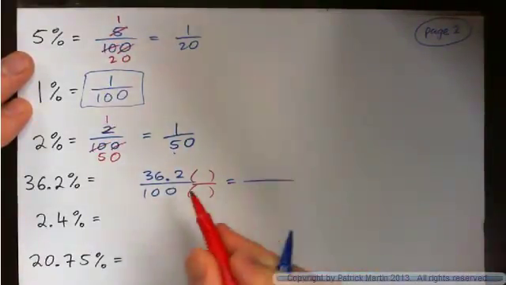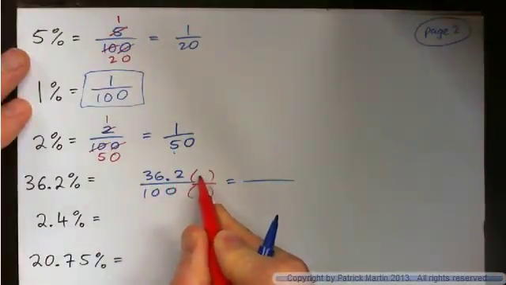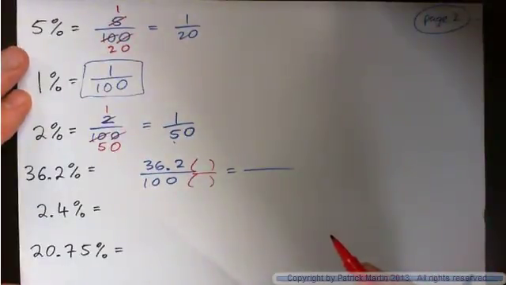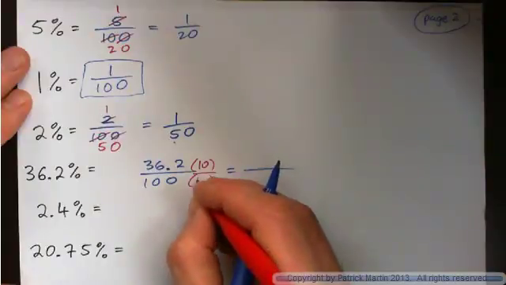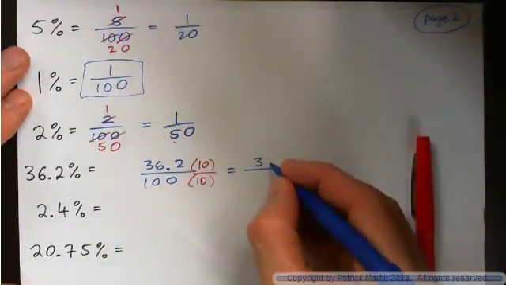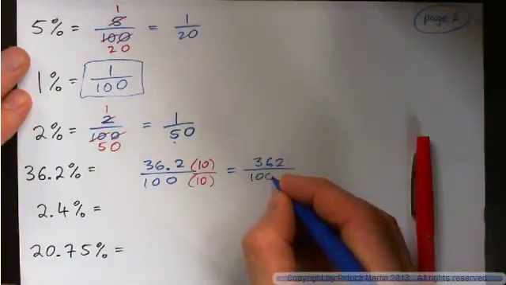So if I have 36.2, what do I multiply it by to turn it into a whole number on the top? How about 10, right? And multiply the bottom by 10. So 36.2 times 10 is 362, and 100 times 10 is 1000.